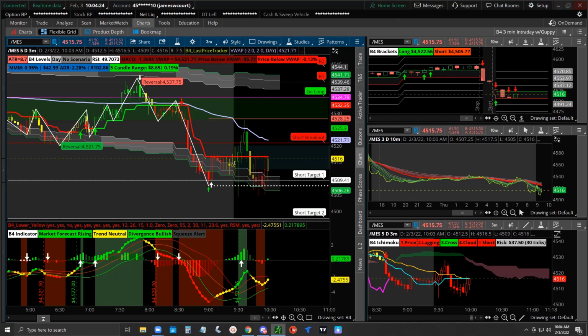The bears are trying to trap bears here underneath the Globex session. But it's still a news candle. I just cannot take this risk.